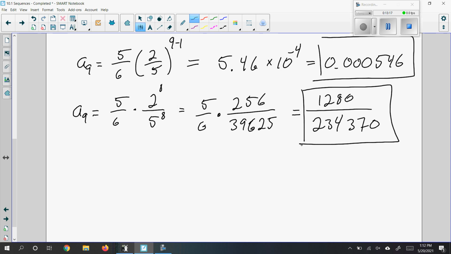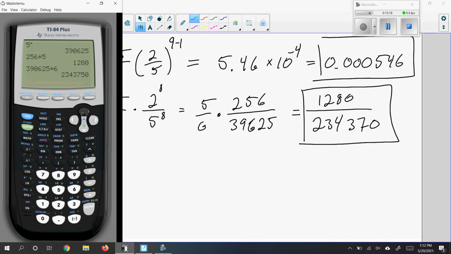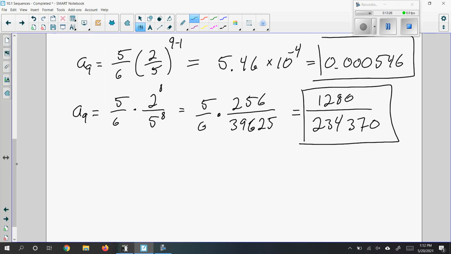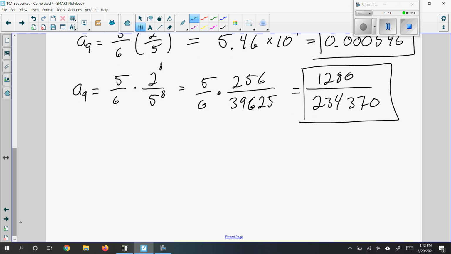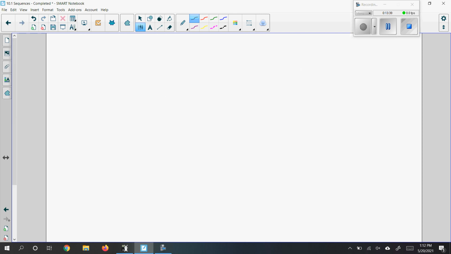And so these are actually the same thing. So we can just prove that to ourselves. Okay, we got the same thing. So sometimes your calculator has trouble converting large fractions from decimals, but you can do it. All right, so that's it on geometric sequences.